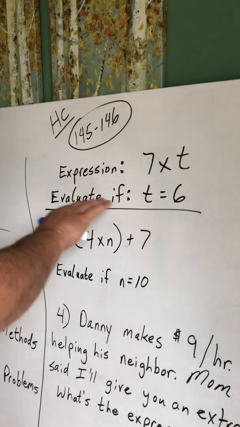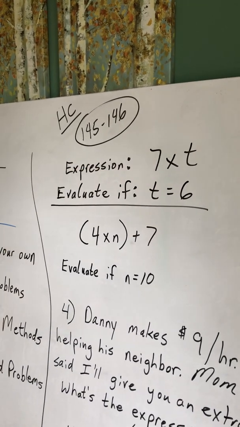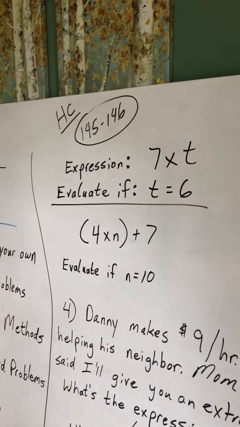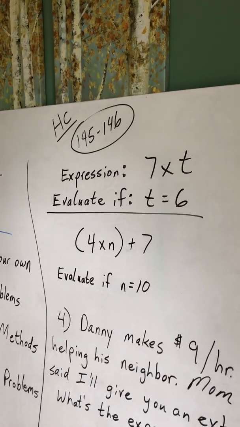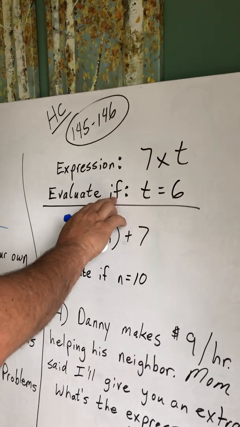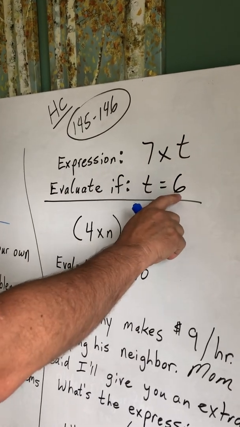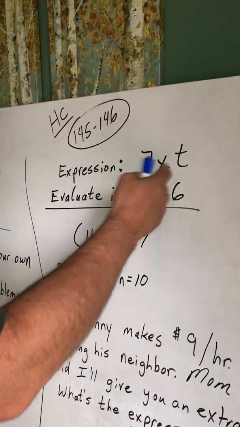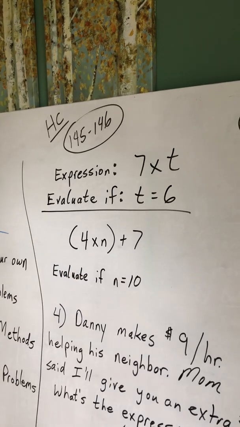Now, when it says evaluate the expression, it means, what if I tell you what t is equal to? And you plug in whatever they tell you to. So evaluate if t equals 6. So up here, t equals 6. Well, now you know 7 times 6 equals 42.